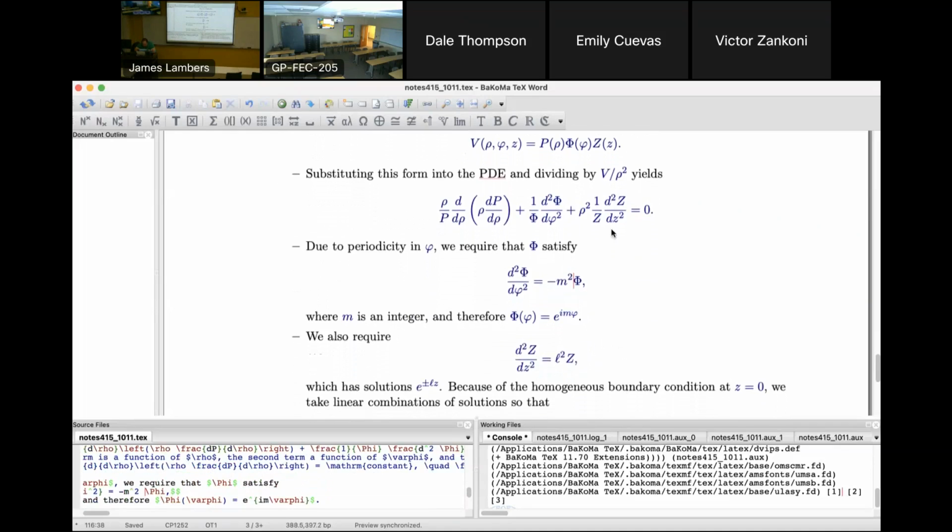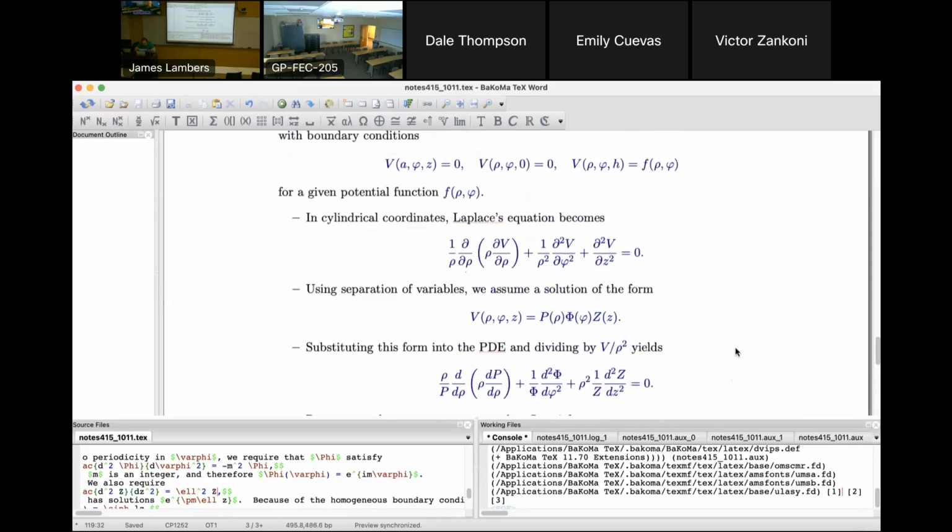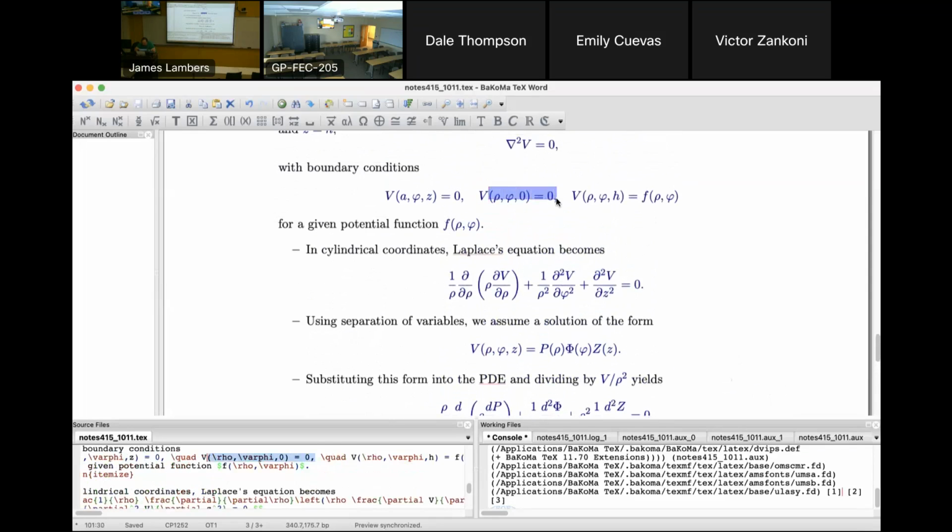Then we're going to require that this second derivative is equal to fancy L squared times capital Z. And we know how to solve this also. So when you don't have a minus, instead of e to the i m phi, we don't have the i. So e to the plus or minus LZ. And we don't know what L is yet. What we can do is keep in mind that the Z part, when little z is equal to 0, if you look at our boundary conditions, it has to be 0.